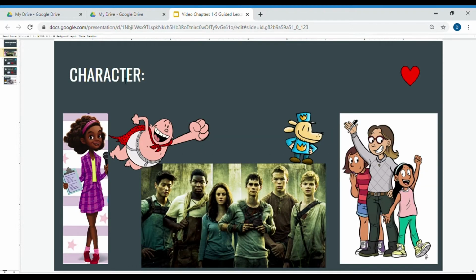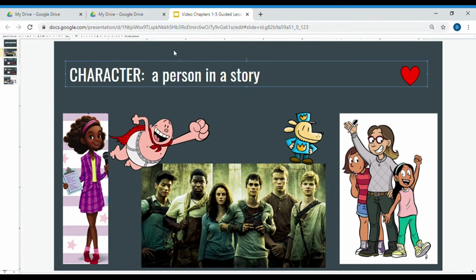First, we're going to talk about what exactly is a character. We're going to define character by double-clicking right next to that word. A character is a person in a story. So, as you're typing that, I'm going to be talking about some common characters that we see in our 6th grade classroom.